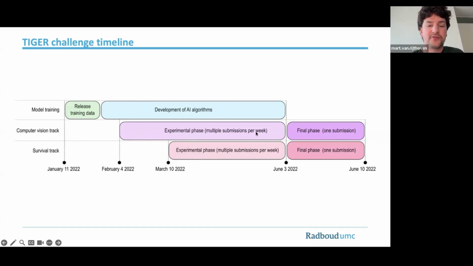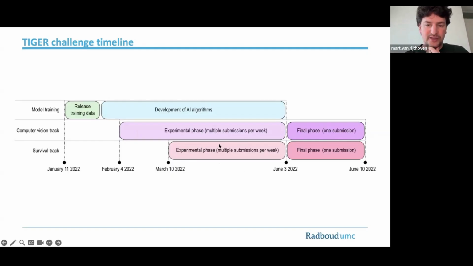So in the computer vision track, participants could upload the Docker, and then the algorithm was evaluated on tissue segmentation and lymphocyte detection. And for the survival track, we actually ran the survival analysis.